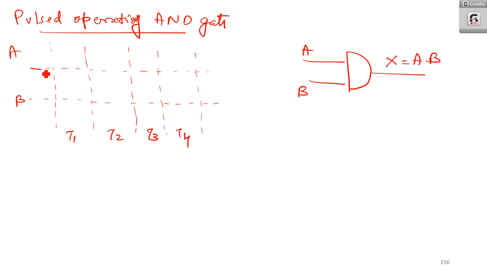For A, I am drawing the waveform. So this is 0 and 1. Now coming to B also, I am drawing some waveform.